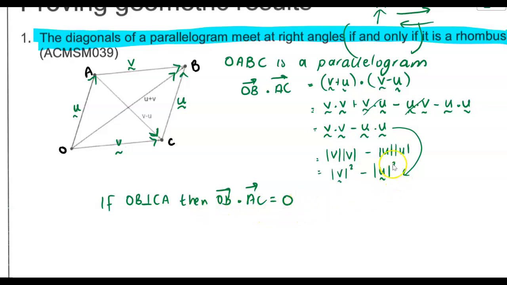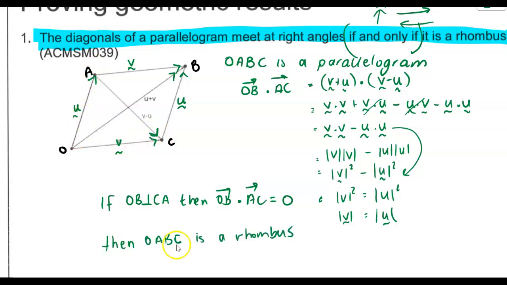If that is the case, then what we're going to be saying is that the magnitude of V squared is going to be equal to the magnitude of U squared, or the magnitude of vector V is going to be equal to the magnitude of vector U. And therefore, opposite sides are going to be equal. Okay, so therefore we're going to have a rhombus. So OABC will be a rhombus.